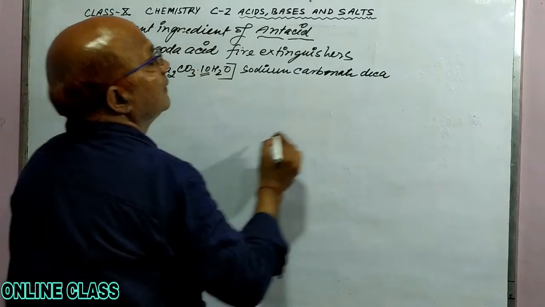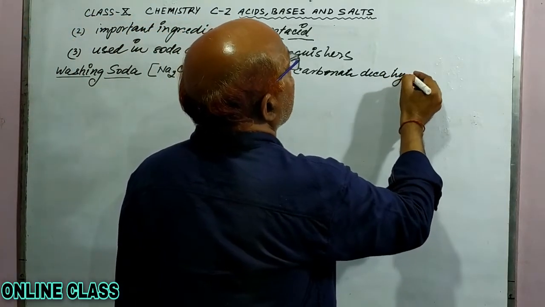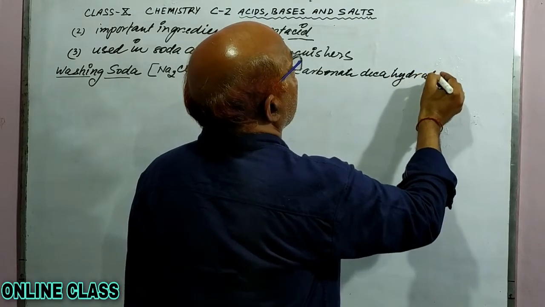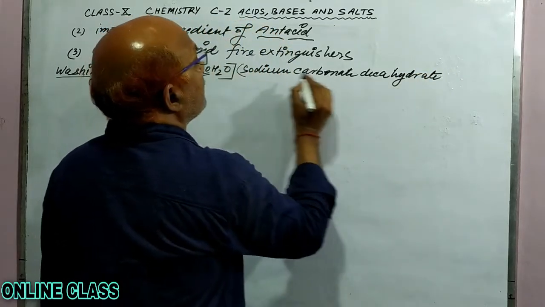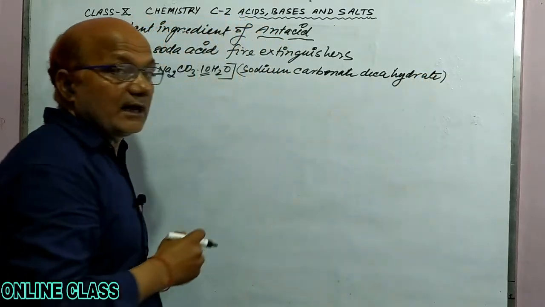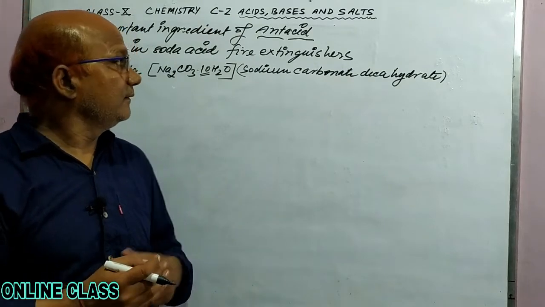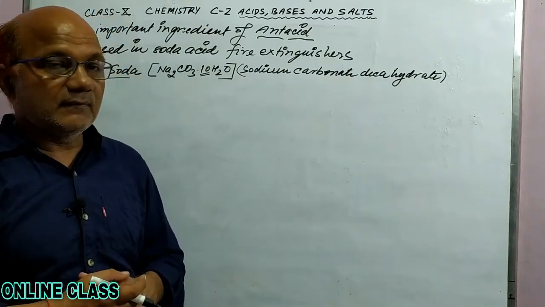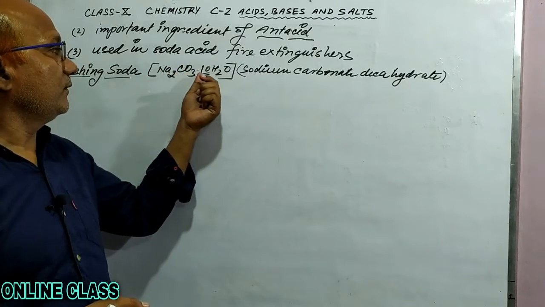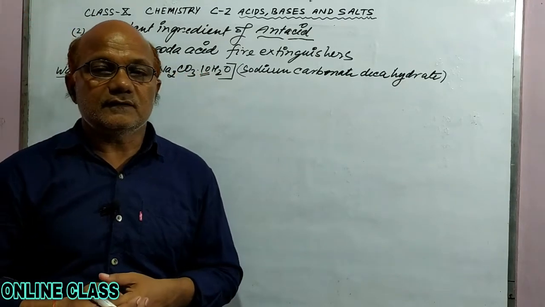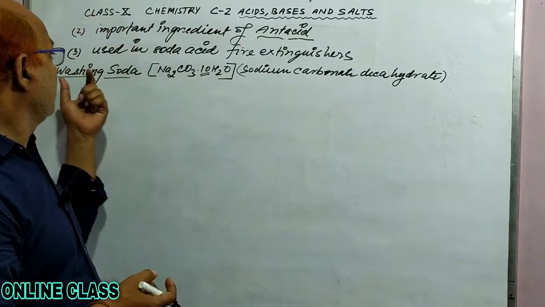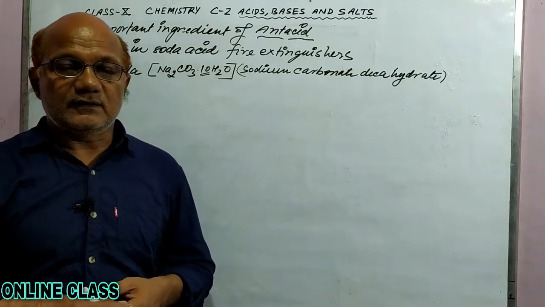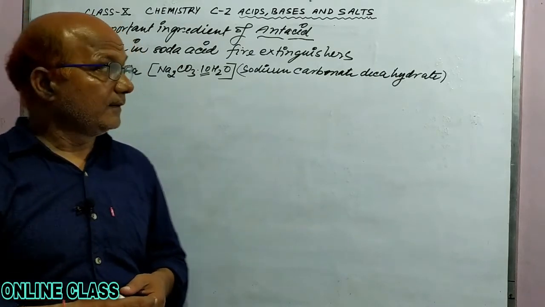This is decahydrate. Okay. So, sodium carbonate decahydrate, this is chemical name, and Na2CO3 dot 10H2O, this is chemical formula, and washing soda, this is commercial name. Okay.